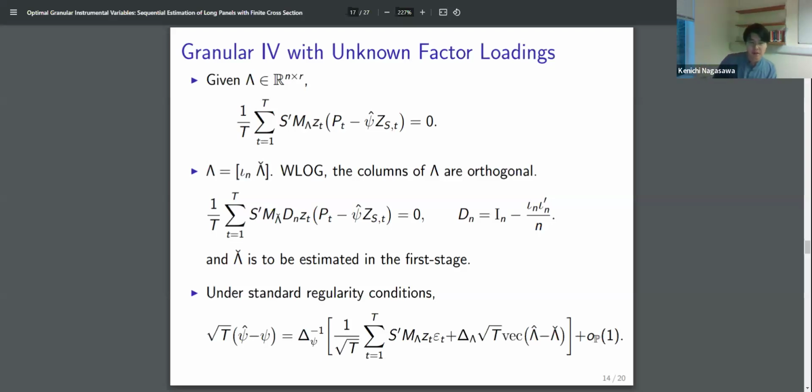Under regularity conditions, we can establish this asymptotic expansion of the granular instrumental variable estimator psi in this way, where there are two parts.